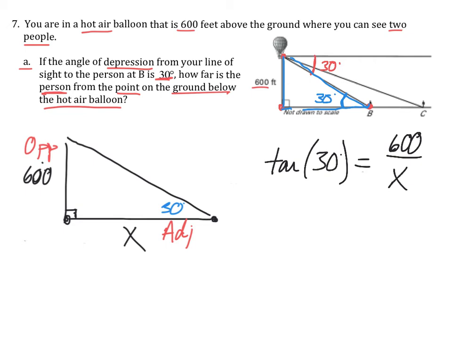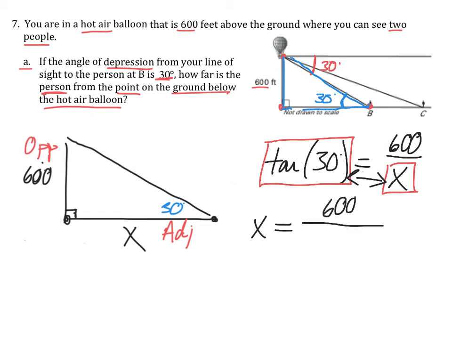In this case my variable is in the denominator, or the second part of my ratio. So I'm going to use that shortcut, switch these two to get x by itself. So x is going to be equal to 600 divided by tangent of 30 degrees.